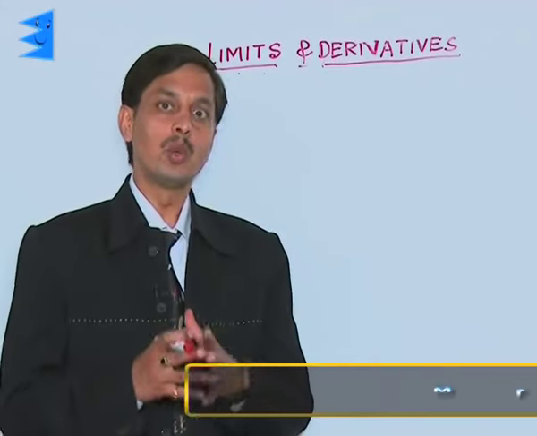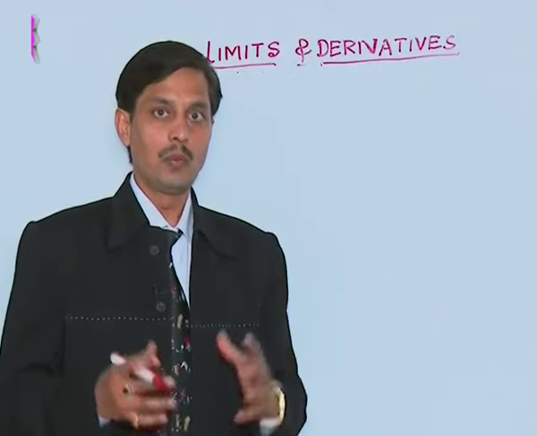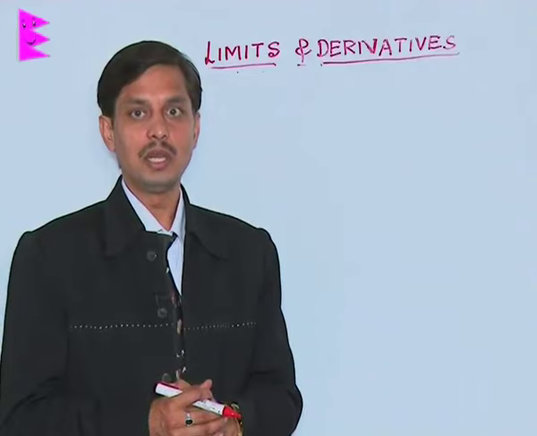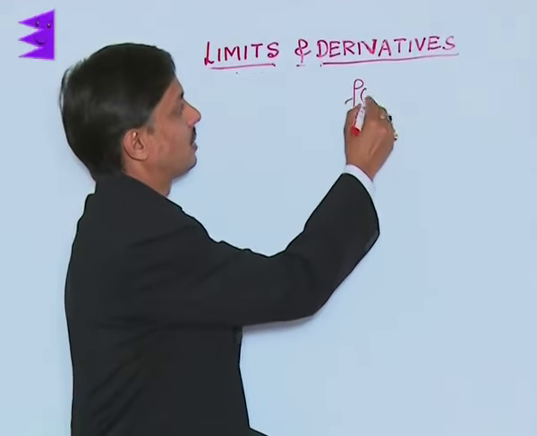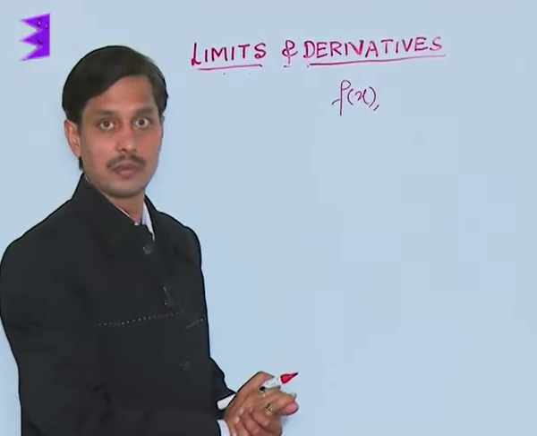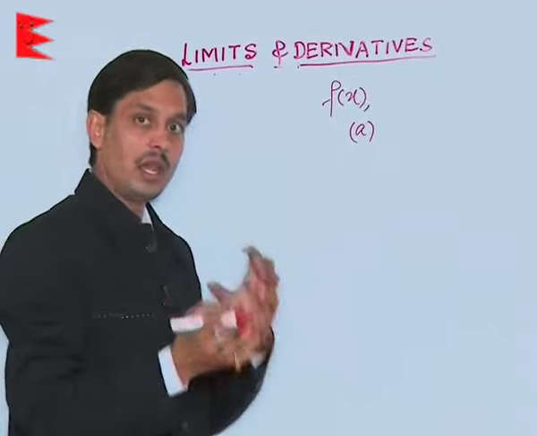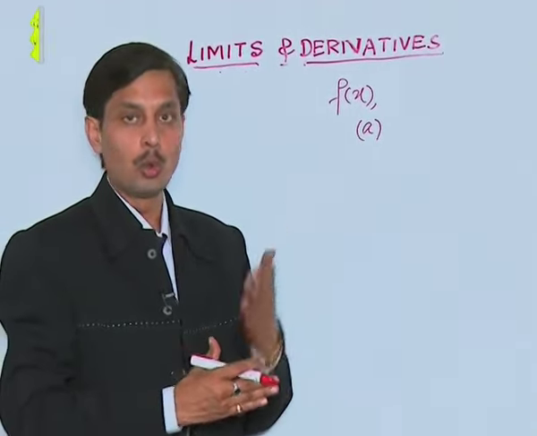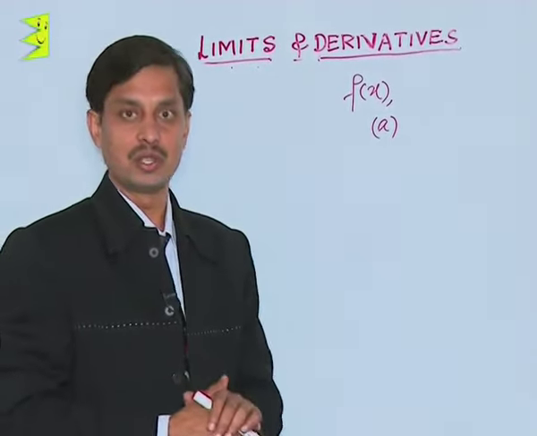Now I would like to tell you about derivatives. If f(x) is a real valued function and a is any point in its domain, because if a function exists, then its domain, codomain and range exist.